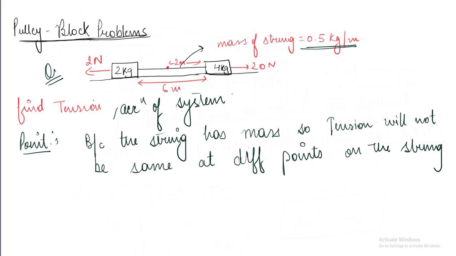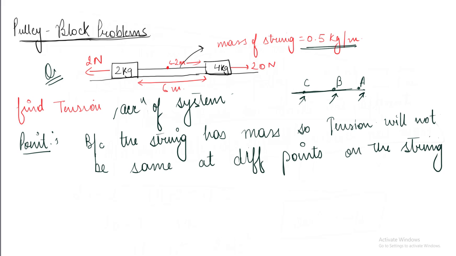Let's consider this as a string. Let's consider this is point A, this is point B, and this is point C. The tension at C, B and A are different because the string has mass. Now if the string is massless, then the tension at all the points on the string is the same.